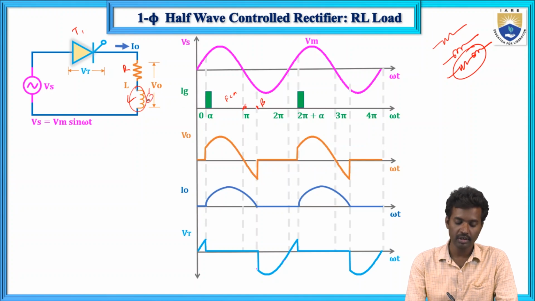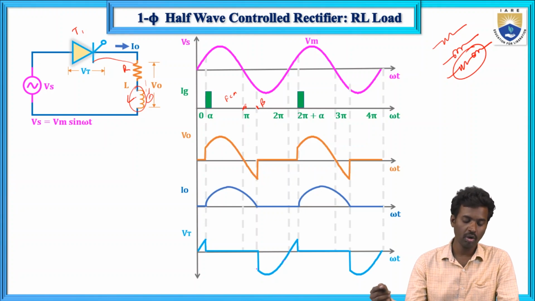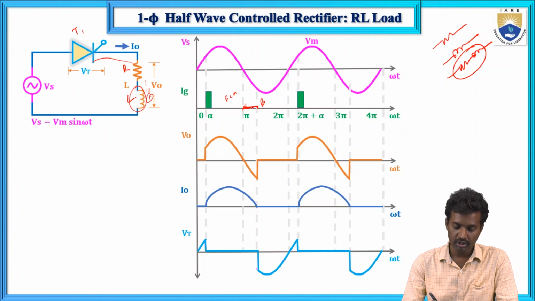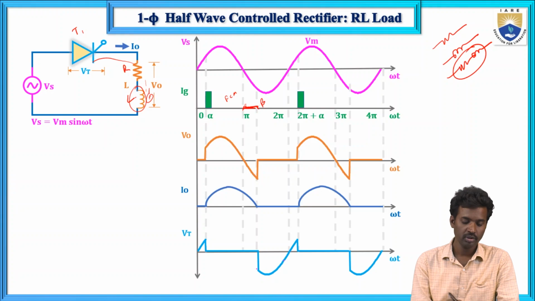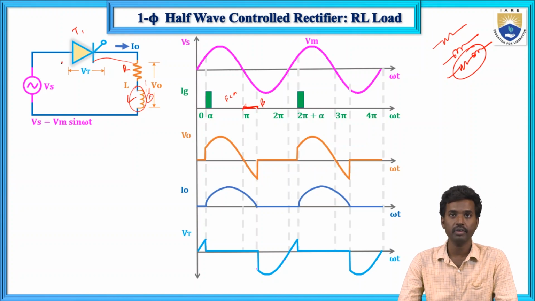It acts as a current source and delivers the power from the load to the source. So during this period the inductor delivers power to the source, which means this SCR will conduct from pi to beta also.